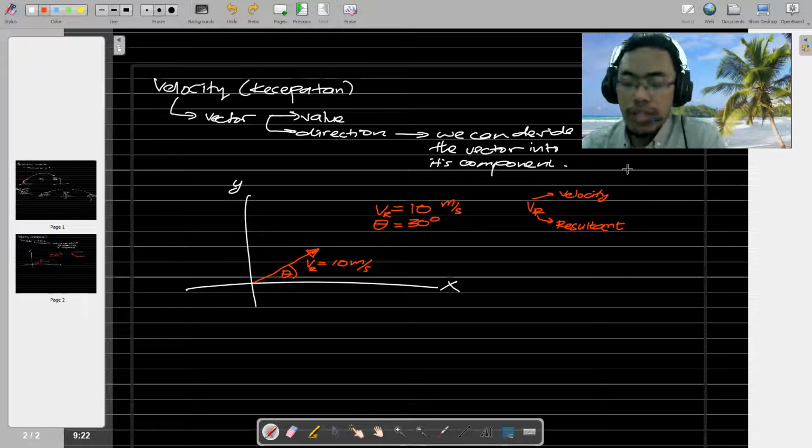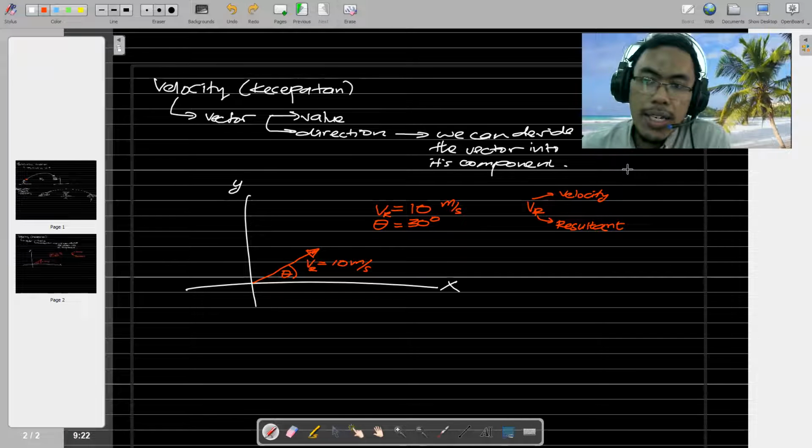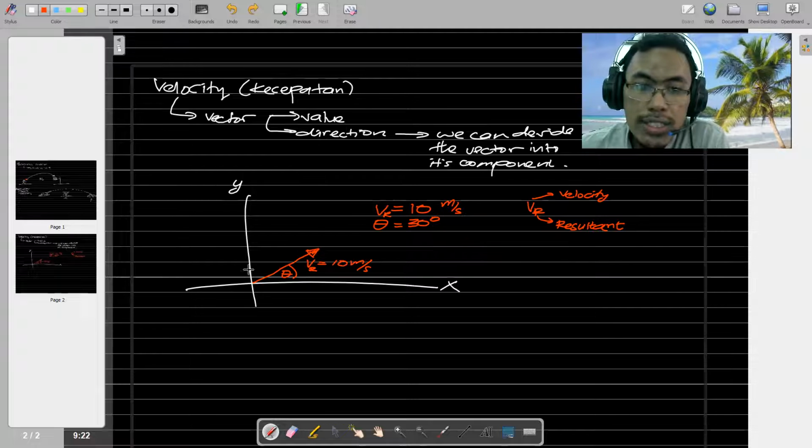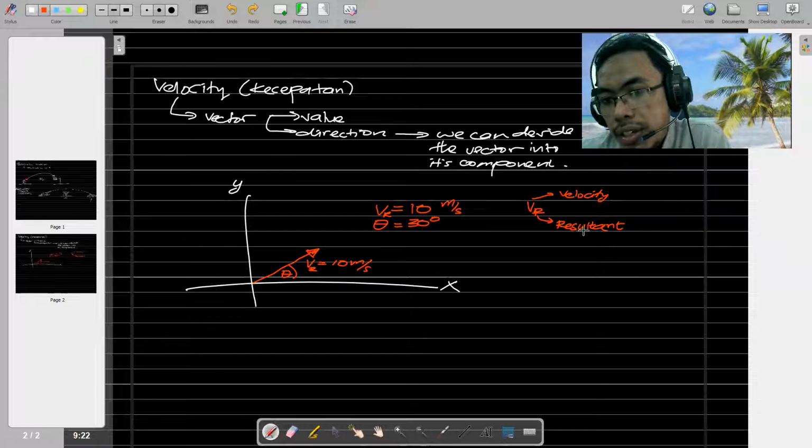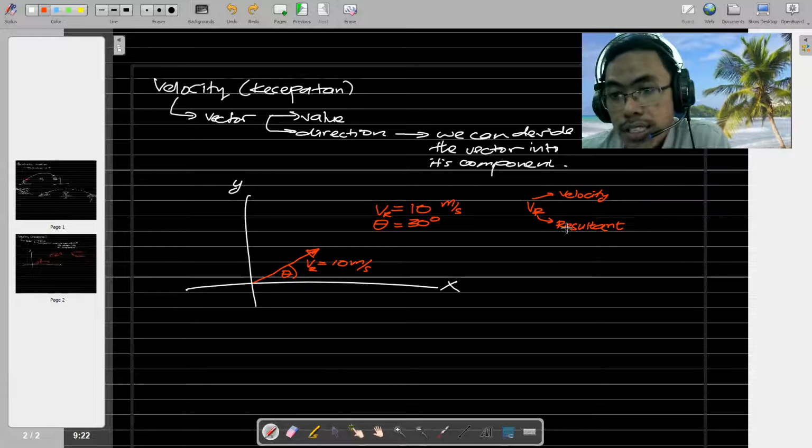Okay, so I will repeat it again. This velocity is VR, where R stands for resultant.